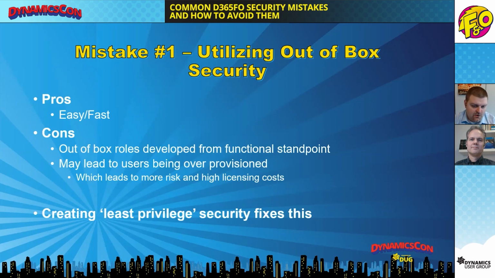And when you over-provision, that's going to lead to things like more risk being introduced into the organization and a higher licensing cost. So the fix in this case is to actually create what we call least privilege security. We actually address that in an upcoming slide. So this is the first mistake that we introduced into the scenario.